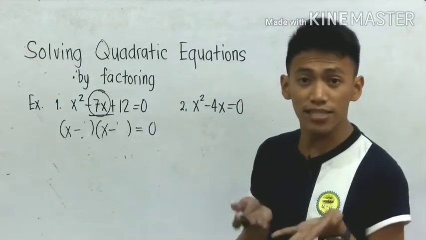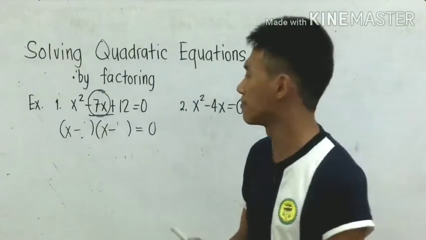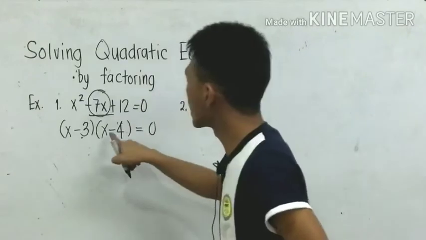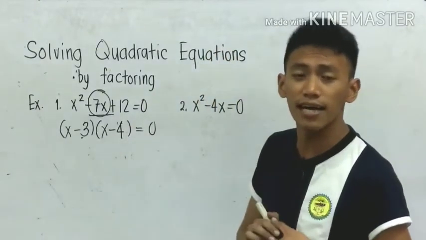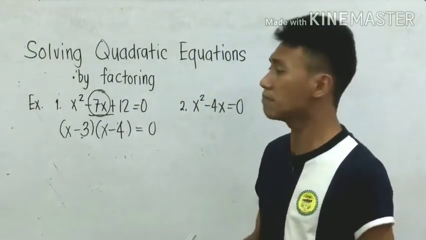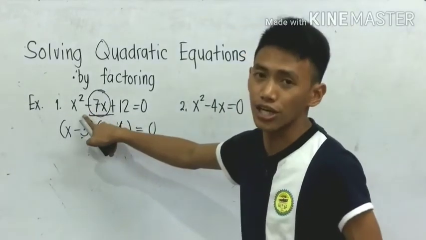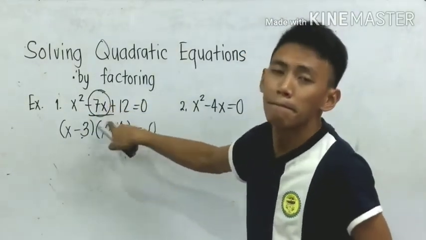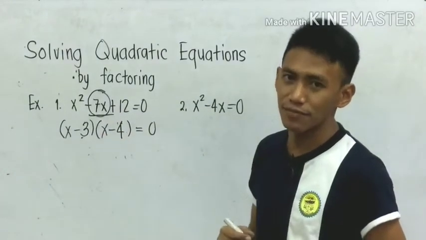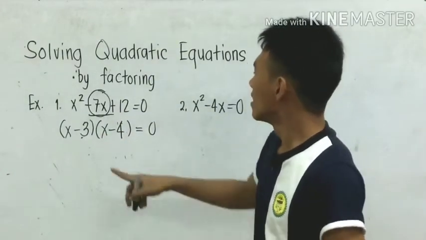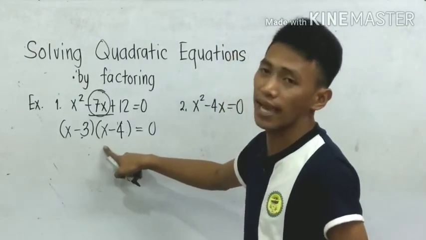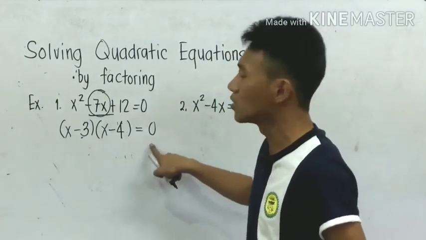Diba? 3 times 4 is equal to 12. Tama. Ngano ganing negative atong gibutang diha? Atong basihan ang symbol sa atong linear term kung ang atong constant term kay positive. Okay? So, x minus 3 times x minus 4 is equal to 0.